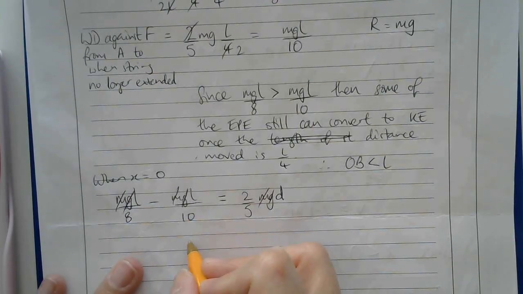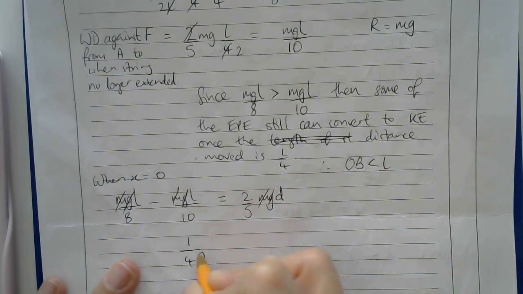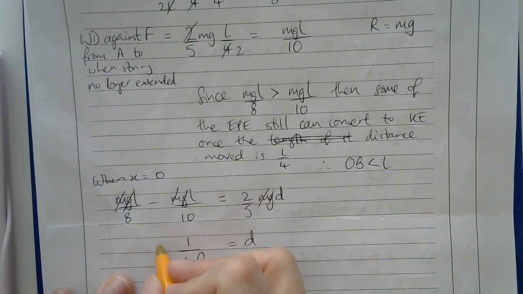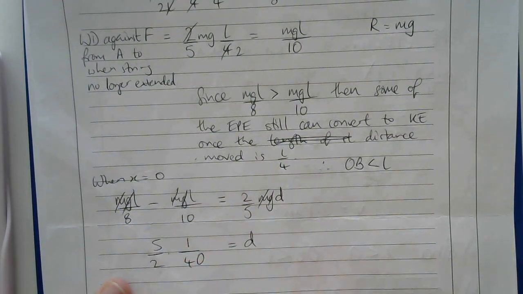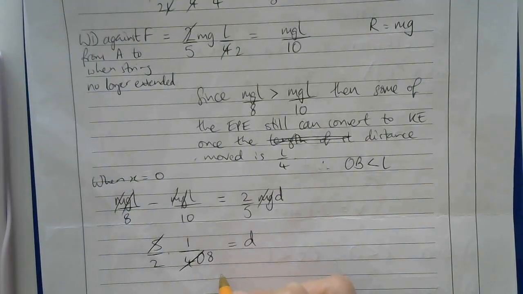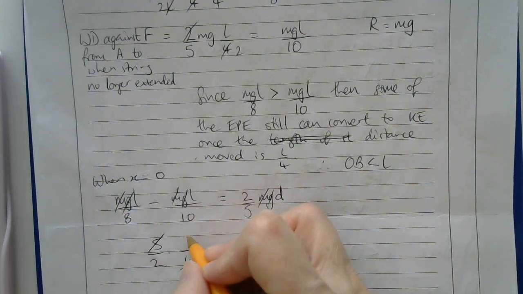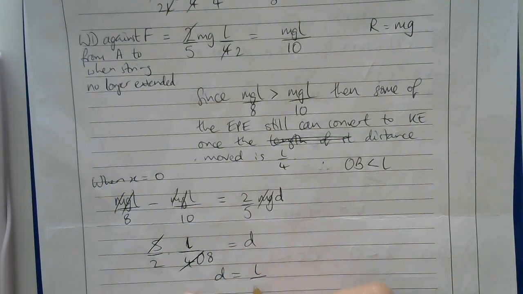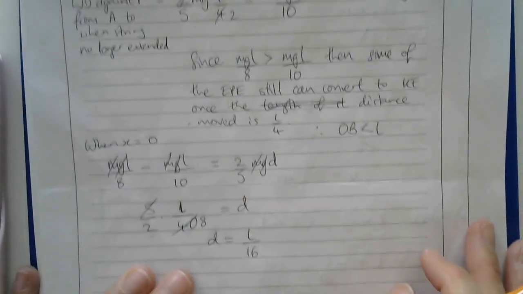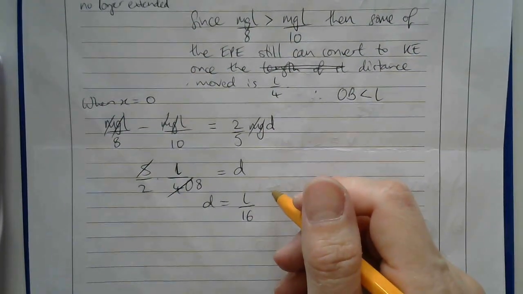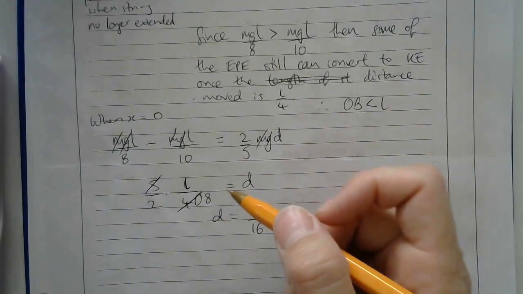So I've got 1 over 40. To get d, I can times by 5 and divide by 2, and that will cancel to give me 8. So d is, sorry, there's an L there, L over 16. That is the distance that it moved from when x is 0.